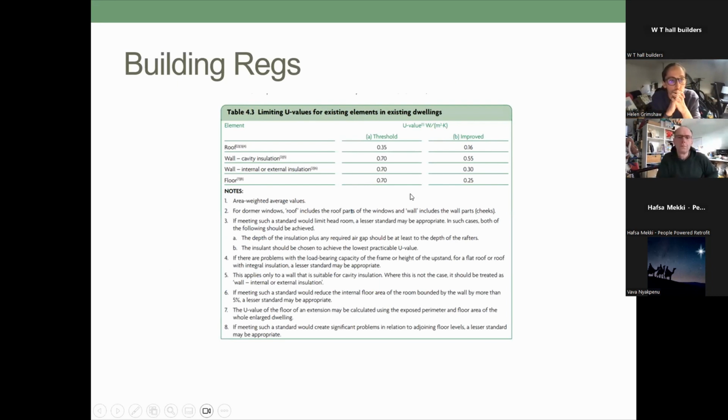But I think you guys, from talking to you, you'll be pretty well aware of what the U values are with building regs. If you're doing something to more than 25% of the building, these are the sort of levels that you're looking at having to comply with under current Part L for the existing elements of existing dwellings.